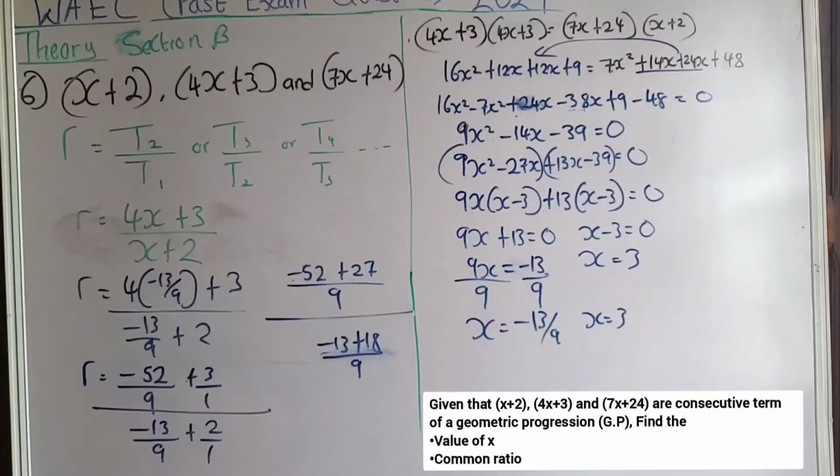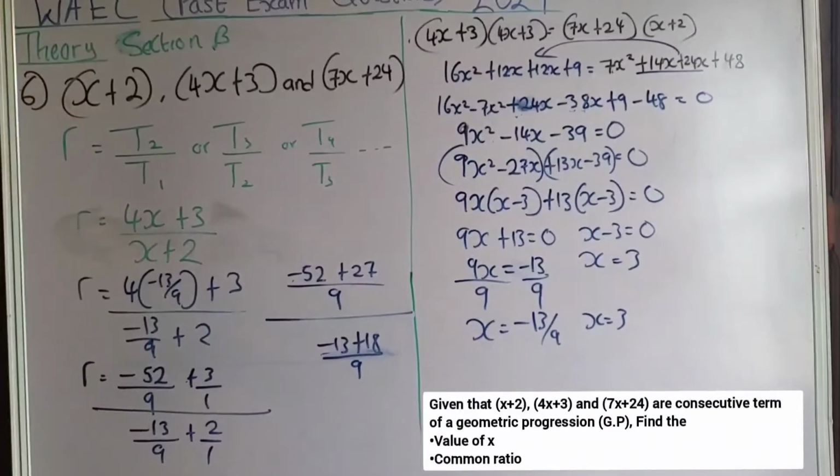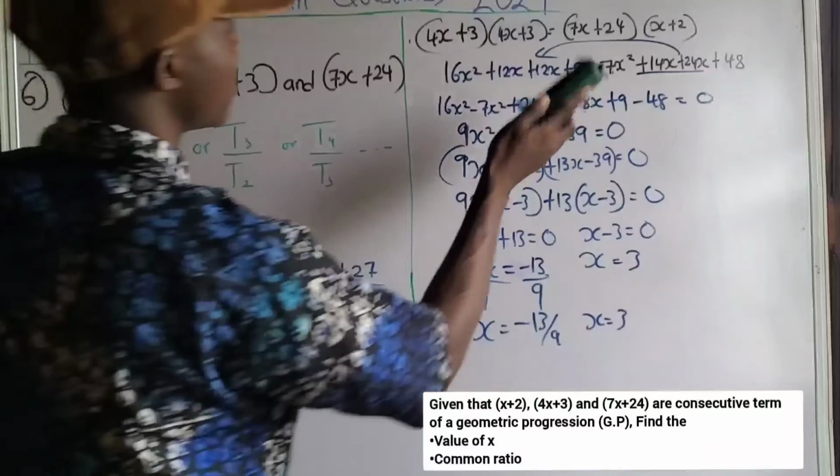Now, when you get to this point, you can rearrange the equation by changing the division sign to a multiplication sign. So we're going to have, okay, let me clean this.